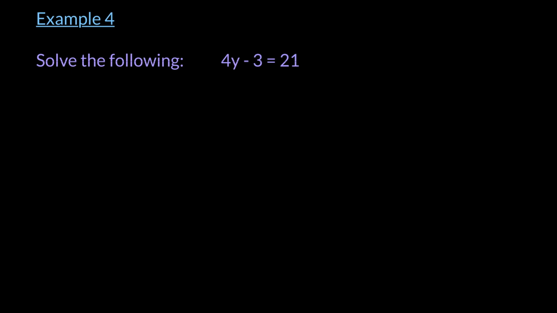For the fourth and final example, it's another question where we have a takeaway sign in the middle. So we're going to add 3 onto both sides. If you add 3 to the left-hand side, we need to add 3 to the right-hand side. Remember, always thinking about balancing.